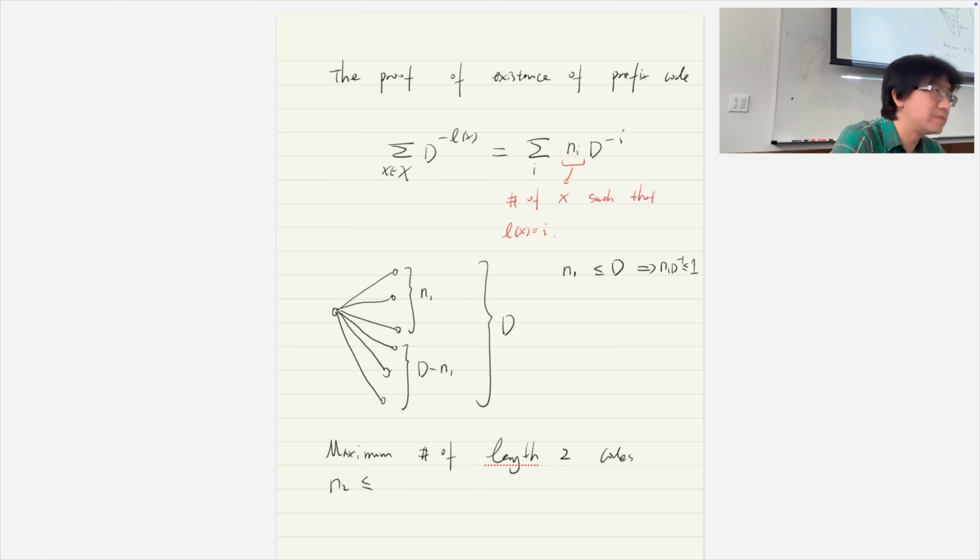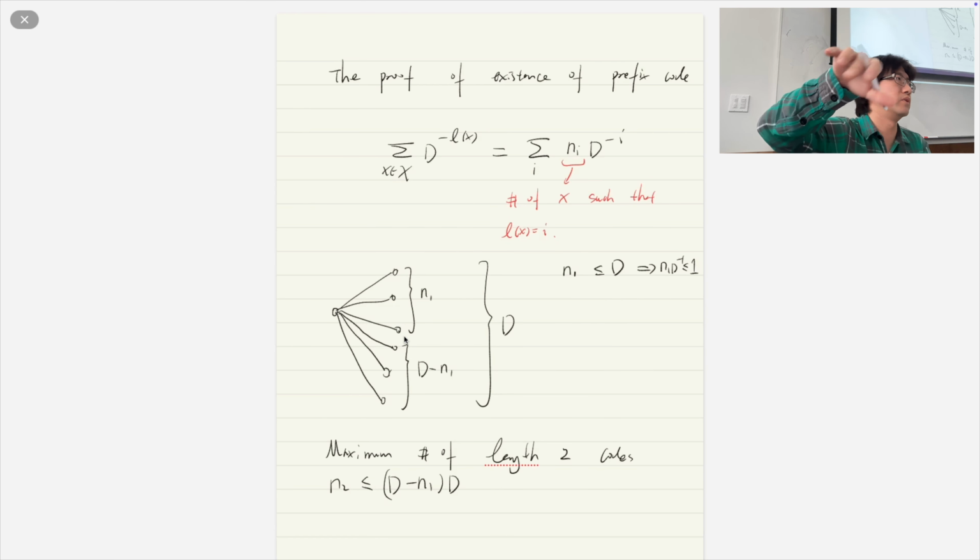Say it louder. D minus n1 times D. Very good. D minus n1 times D. Yeah, because we have D minus n1 here, and each of them can have D branches, so multiply by D.